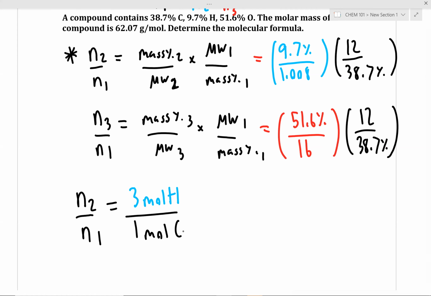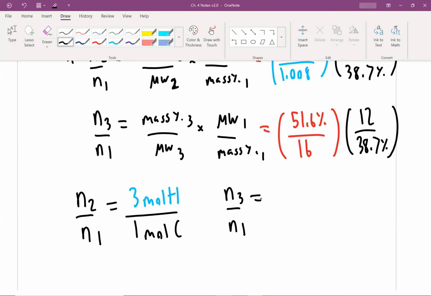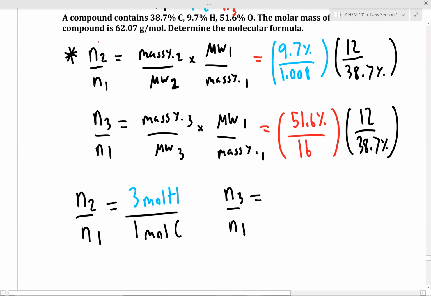Okay. Now we're going to look at N3 over N1. And if we punch that into our calculator right now, 51.6 divided by 16 times 12 divided by 38.7. And that in turn gives us, and this is a sign you're doing something right, 1.